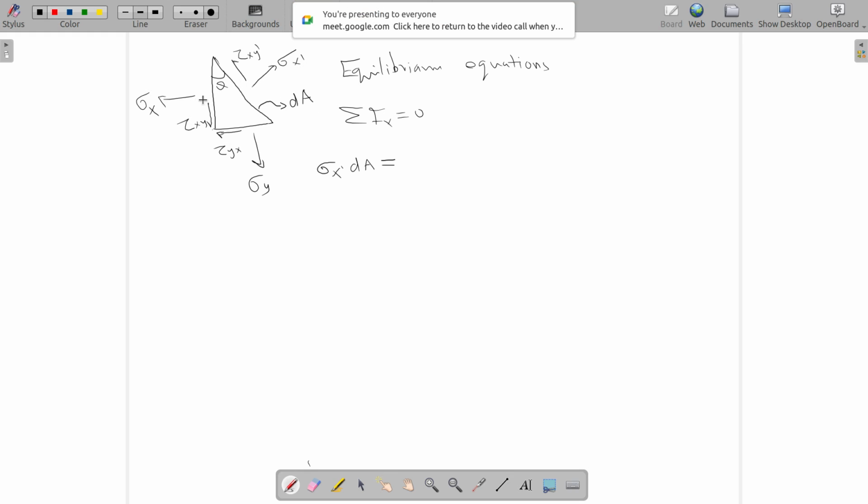Some of them are fully in vertical direction. For example, sigma y is fully in vertical direction, tau xy is fully vertical direction. So we don't need to consider them. Sigma x is fully in horizontal direction, but towards left. Towards left means it should have a negative sign. So negative sigma x into area should be the term here.